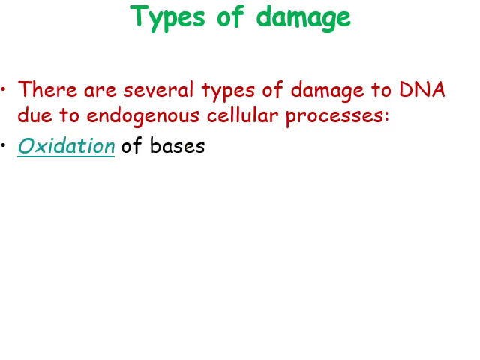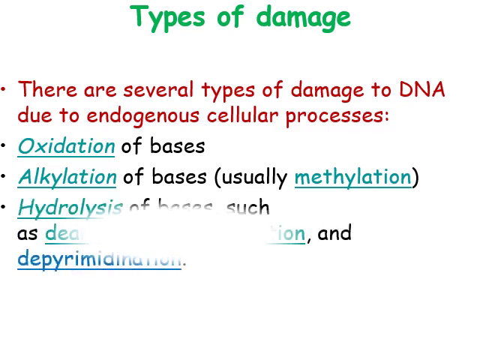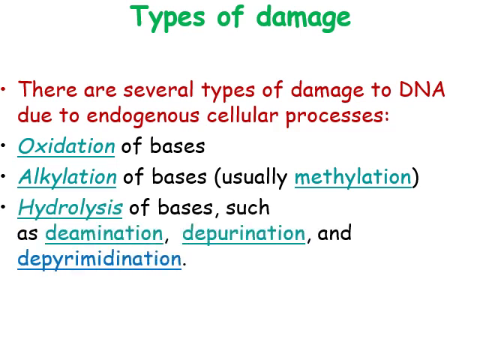For example, oxidation of the bases, alkylation of the bases, usually methylation يعني هنا إضافة مجموعة مثيل، hydrolysis of the bases such as deamination, depurination or depyrimidination يعني هنا إزالة مجموعة أمين أو مجموعة بيورين أو برميدين.